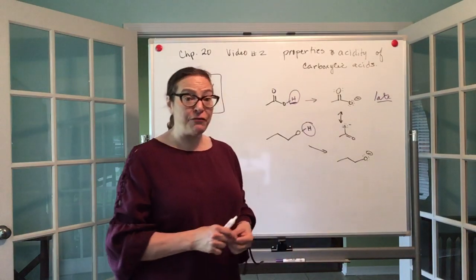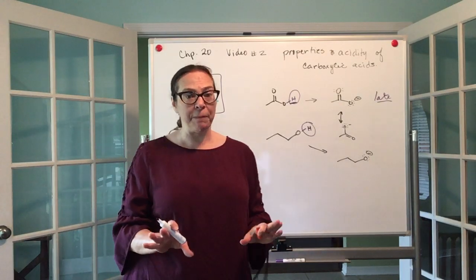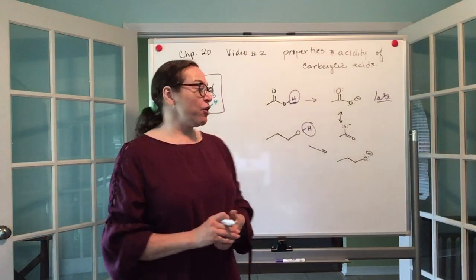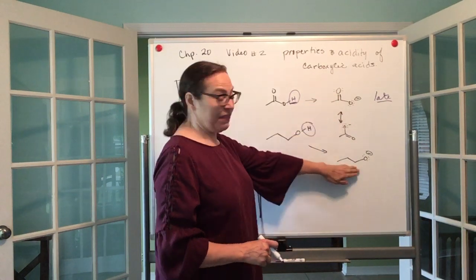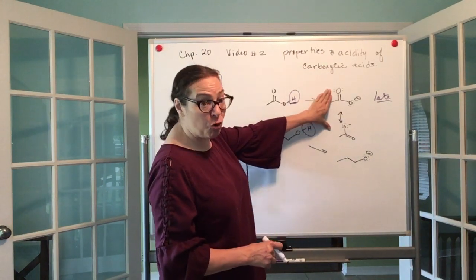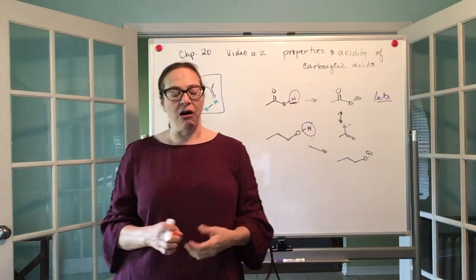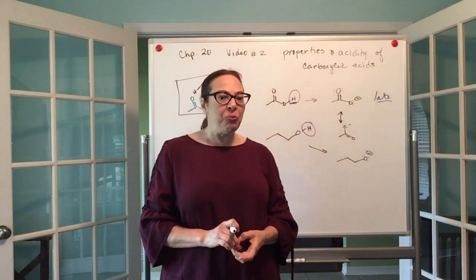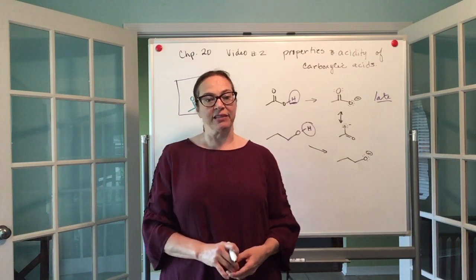If we look at this specifically in the form of pKa's, and I'm not really big on pKa's, I'm much better at just asking you to recognize that this is more stable than this, therefore this is more acidic. This is more acidic than the corresponding alcohol. The problem is that at some point we do have to get a ballpark idea of how much more acidic something is.